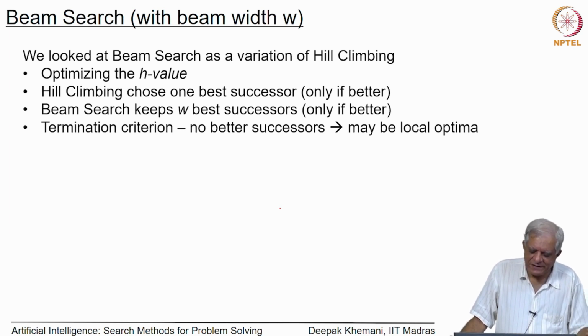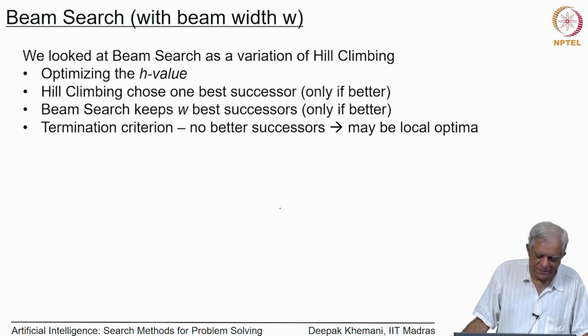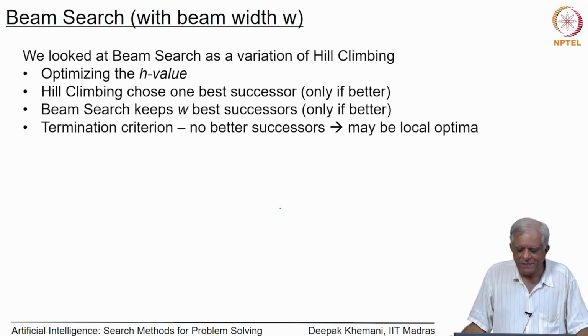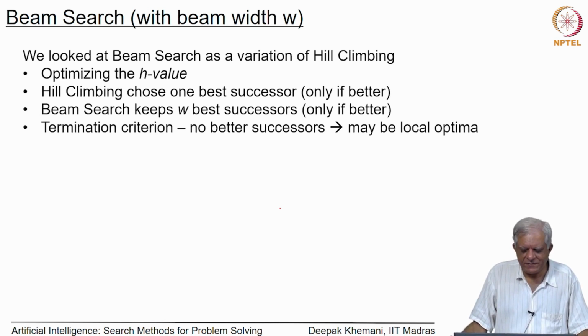Both algorithms move to successors only if they are better, and that is why we call them steepest gradient ascent or descent algorithms, as the case may be. They moved along the slope till the slope became 0 essentially.